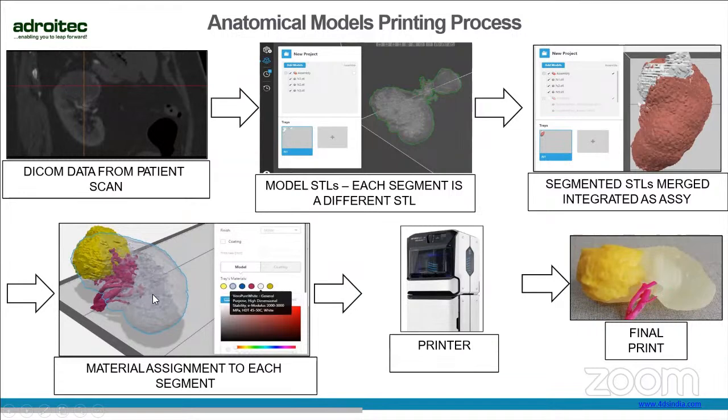After the segmentation, we are sending this file to the printer. After printing, this is the final product we get. After that, we have to do post-processing like cleaning, surface finish, and removal of support structures.